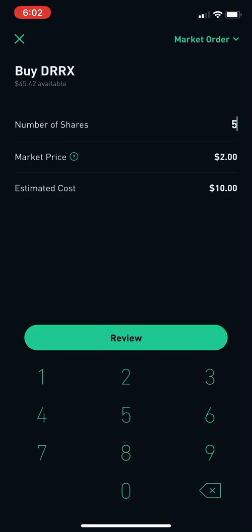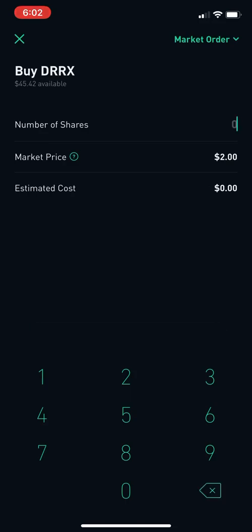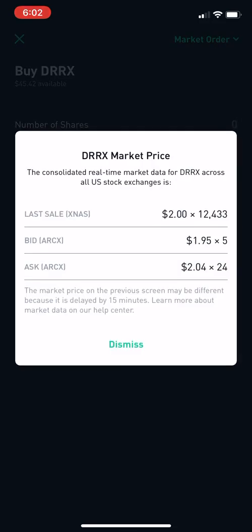Why it's estimated is because the stocks are constantly moving. Right now they're obviously not because it's a Saturday, so the stock market is closed. But it can change a little bit before it goes in. So it's just an estimated cost of how much you'll pay for 5 shares. Because the average price is around $2 right now, you'll probably pay $10 to get 5 shares. And obviously as that moves, it'll go up and down.